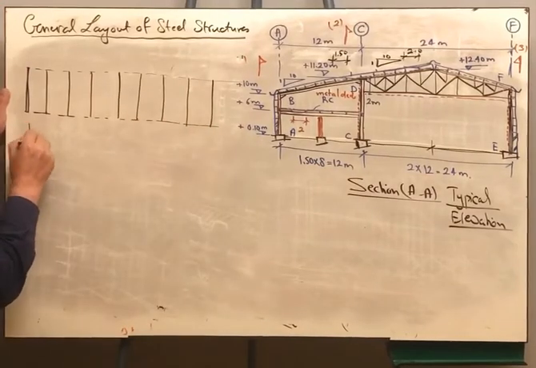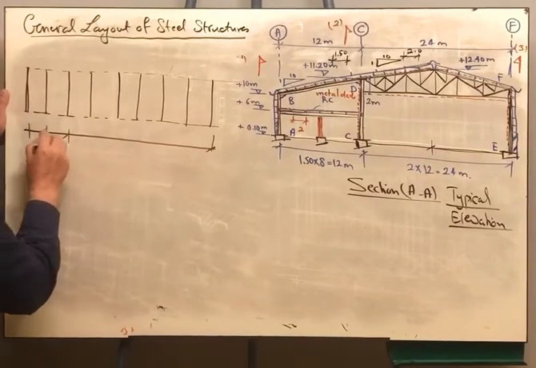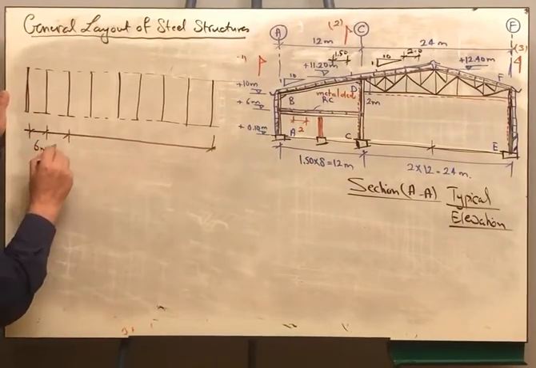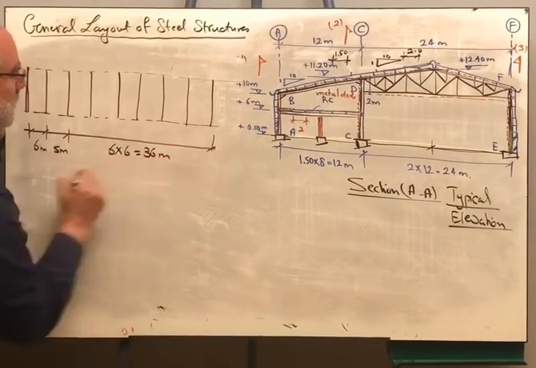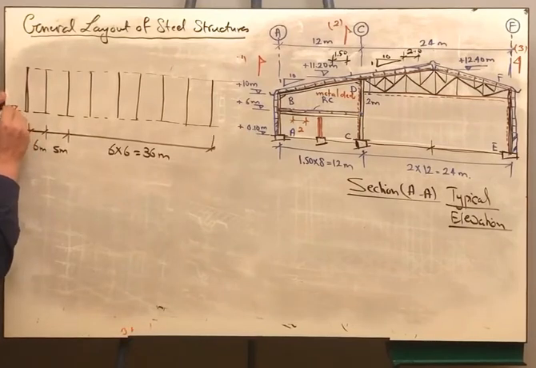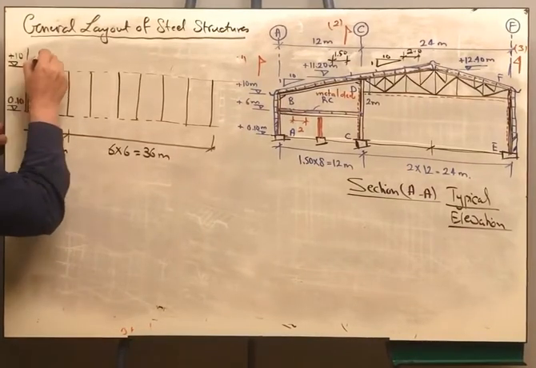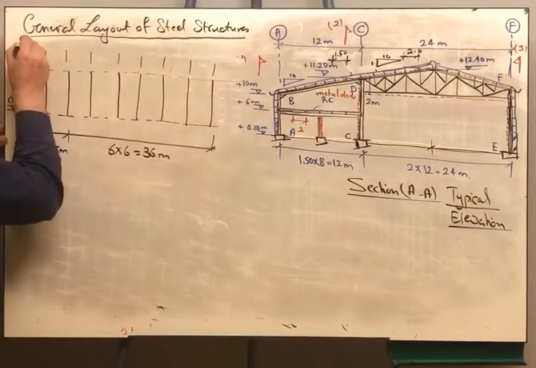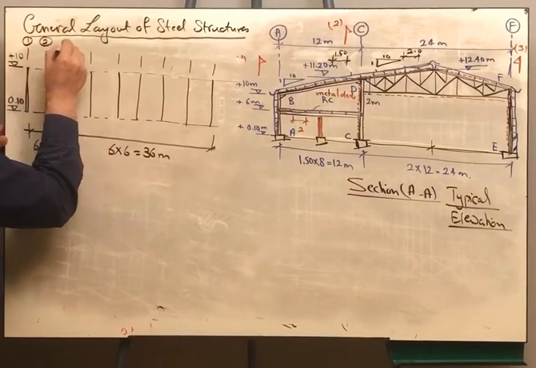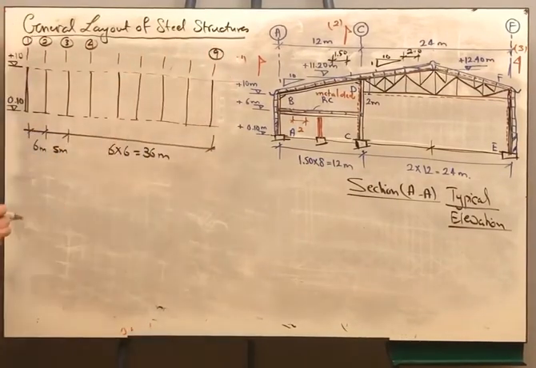If you remember from the last lecture, these spacings were 6 meters, 6 meters, and this is 6 by 6 equals 36 meters. The level here is 0.1 and the level here is 10. We gave these columns axes. So we call this axis 1, 2, 3, 4, up till axis 9. Very good.